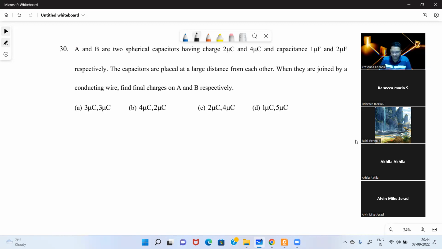Now two spherical capacitors, right? One spherical capacitor, another spherical capacitor. So let's say this is spherical capacitor A and this is spherical capacitor B, okay? What is the charge on the spherical capacitor A? Let's say 2 microcoulomb.